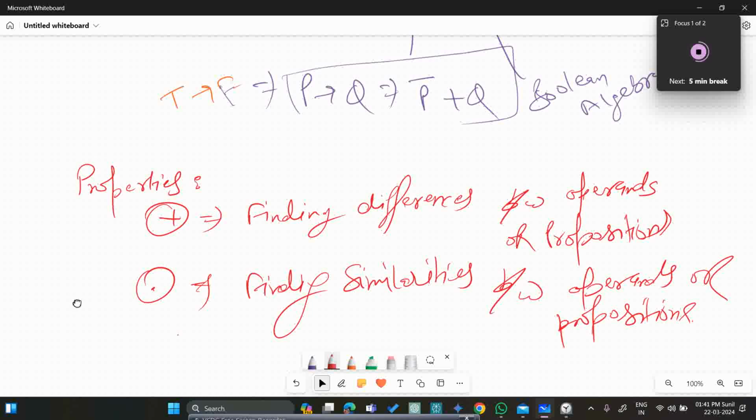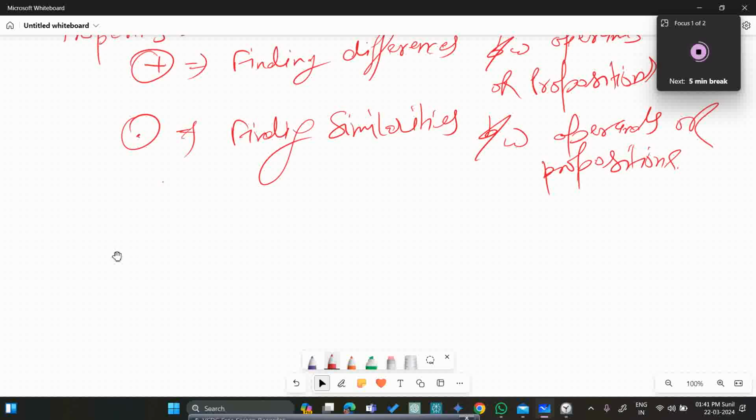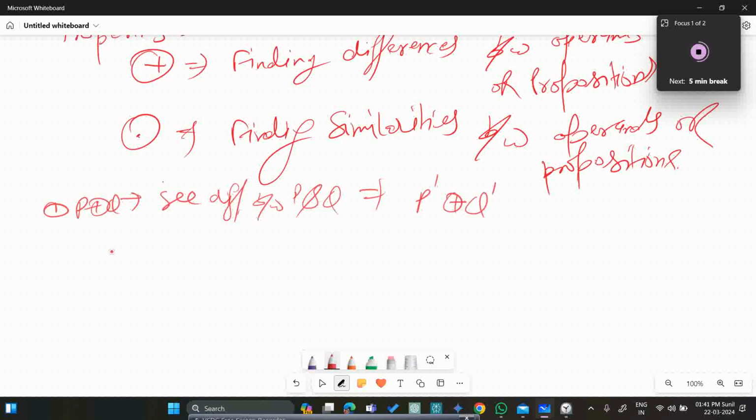Some more properties are also there. P XOR Q is seeing differences between P and Q, equivalent to seeing differences between P complement and Q complement also.